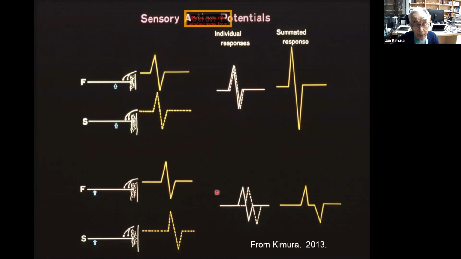And if you add them up, you get the phase cancellation. This is what we call phase cancellation. Positive and negative are cancelled, and your compound sensory action potential looks like this. And this is compared to the distal stimulation 1/2. And that's why you get such a major diminution of amplitude by phase cancellation alone.